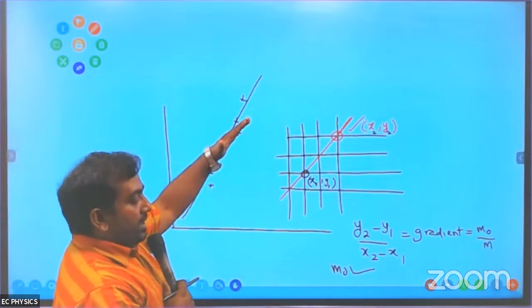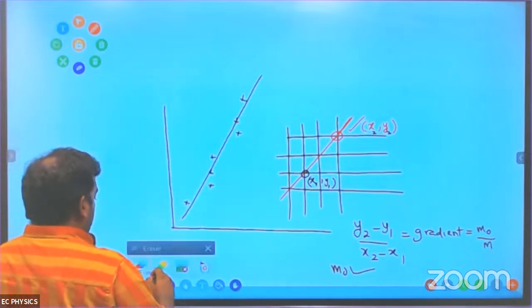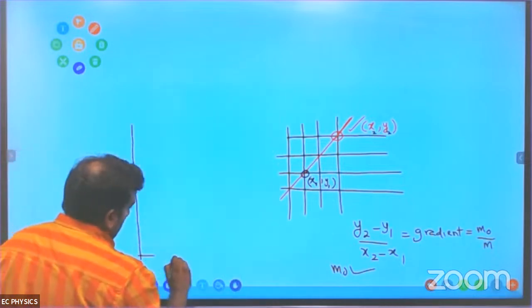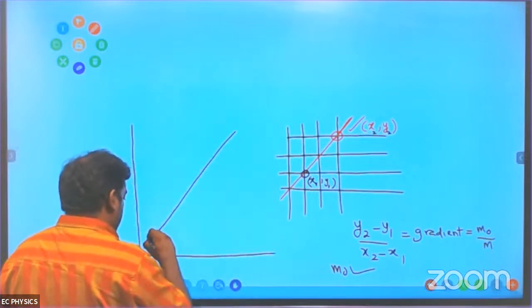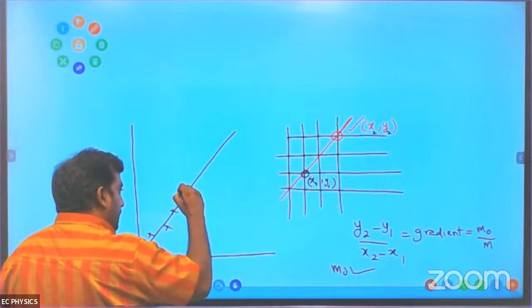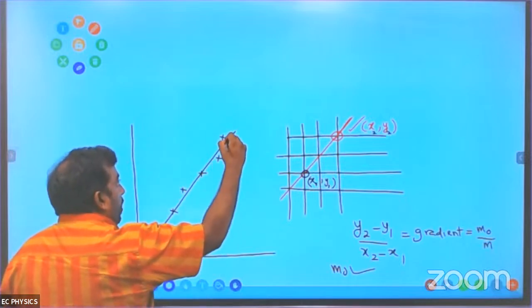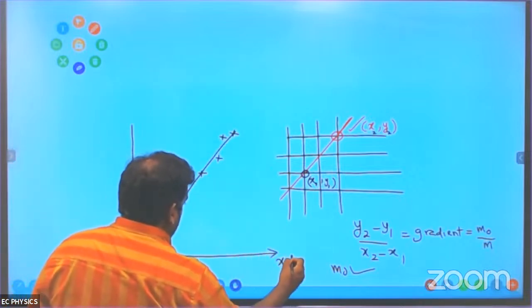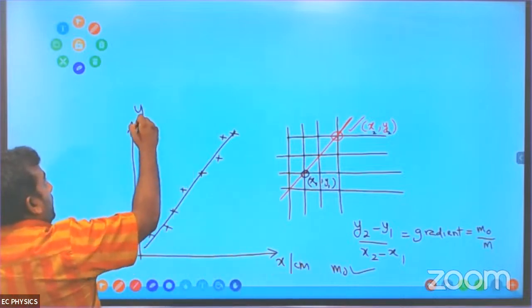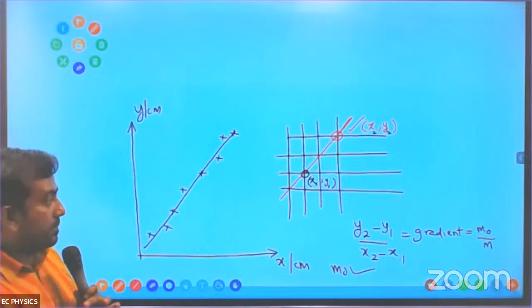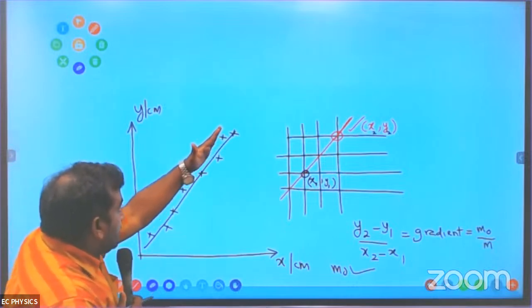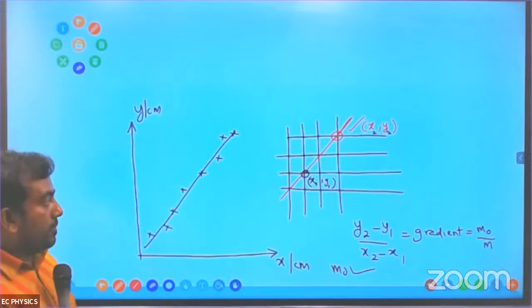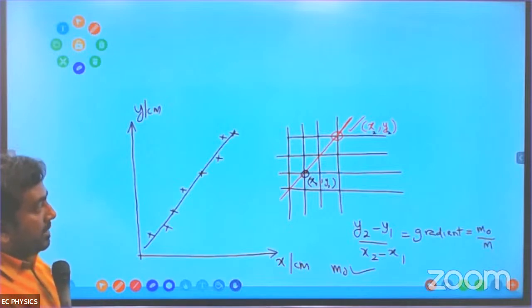When we draw the best fit graph, the best fit graph will uniformly distribute and divide the points above and below the graph.